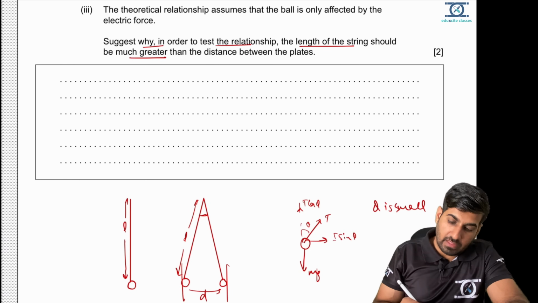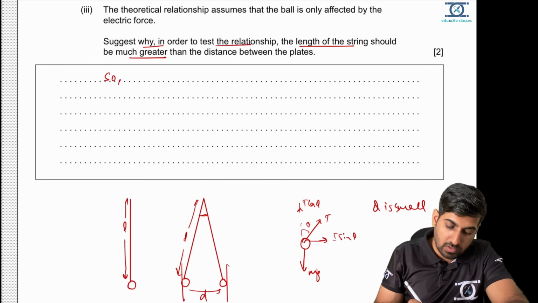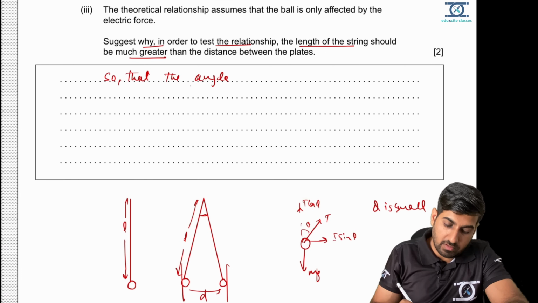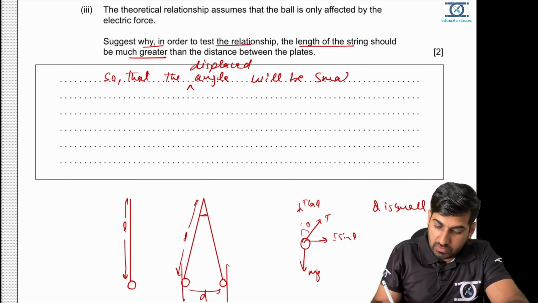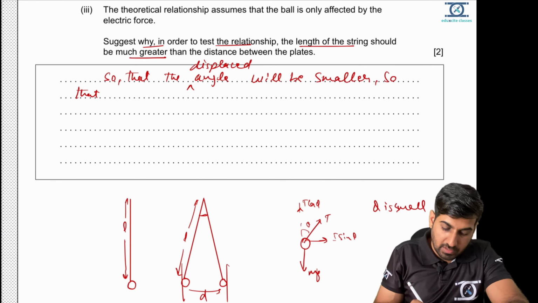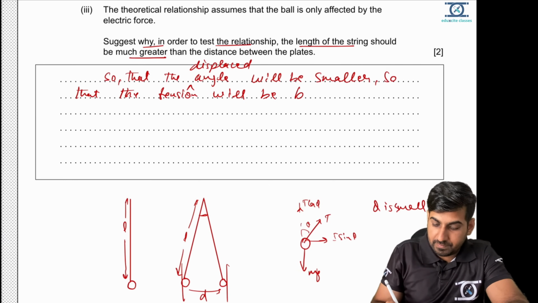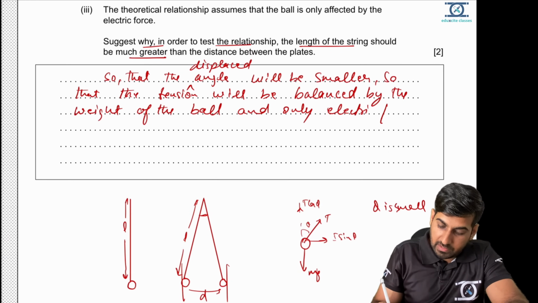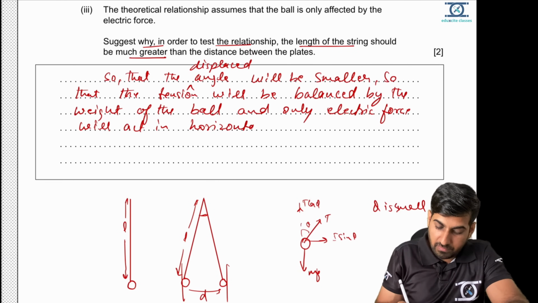Okay, so you can say the length of this string should be greater so that the displaced angle will be smaller, so that the tension will be balanced by the weight of the ball and only electric force will act in horizontal direction, because the vertical forces are balanced.